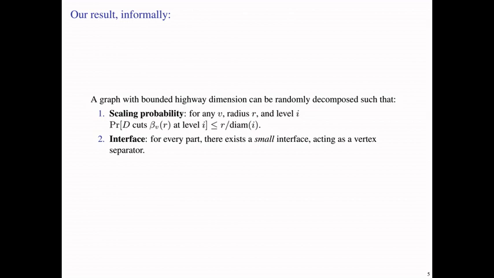This equation is true where B(V,R) is the ball centered at V and of radius R. So we have this scaling probability, and furthermore we have an interface set, which is a set of vertices. For every part we have that set of vertices that acts similarly as a vertex separator. So I'll give way more details later on, but this is to hint at what I'm going to define next.